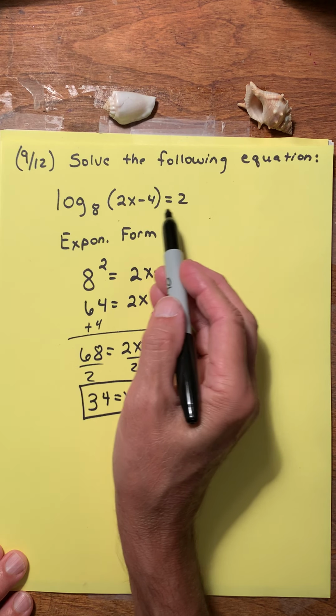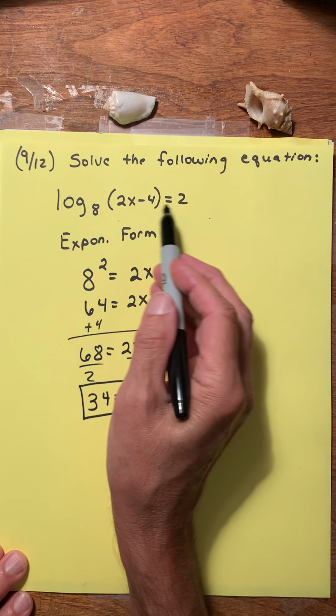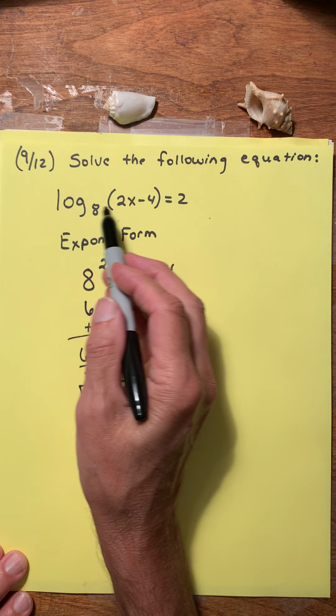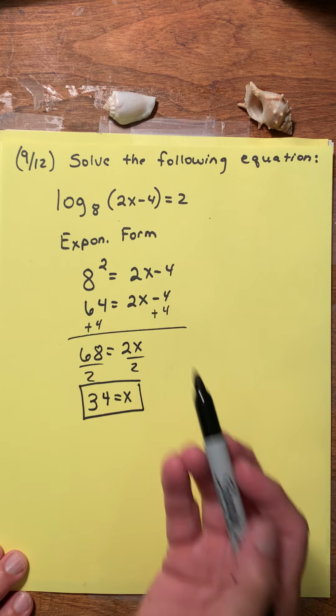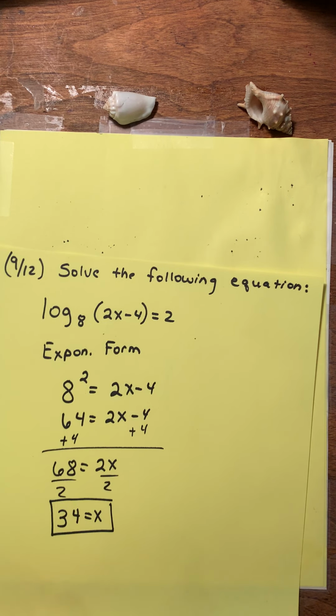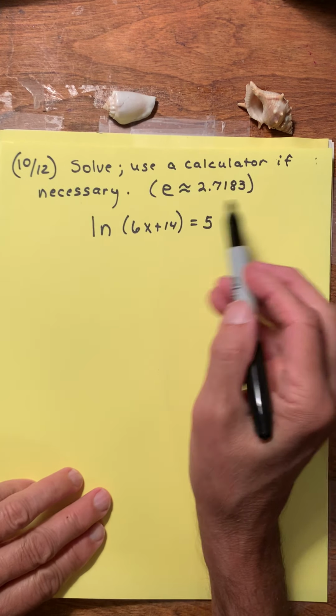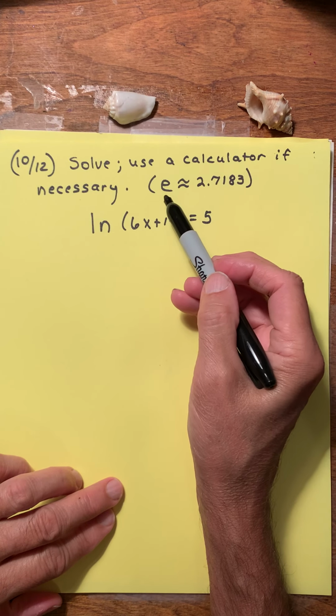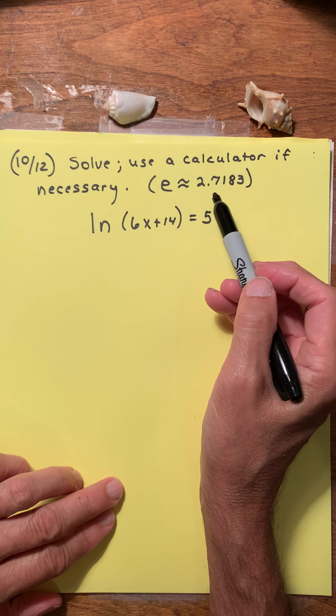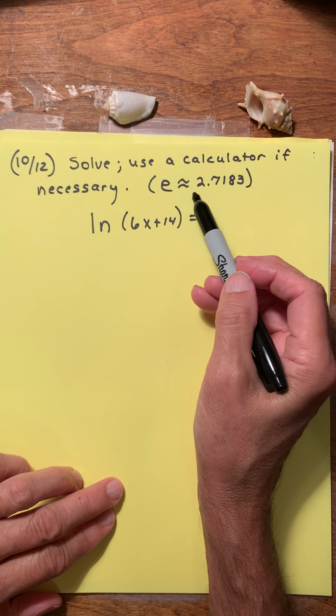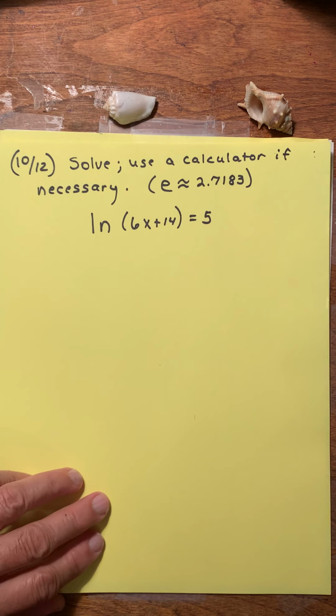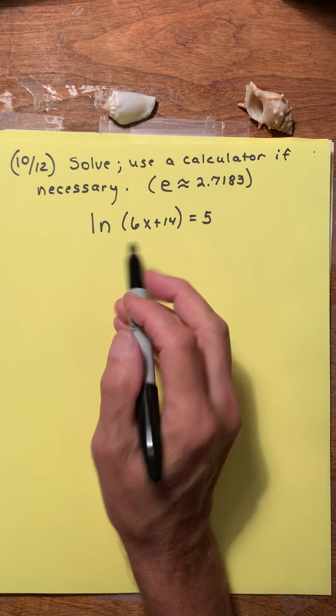Again, the logarithmic expression, vague, obtuse, abstract. I don't know what to do here. Put it in exponential form. Hey, that's easy. Solve, it says, use a calculator if you need to. And here they give me an approximation of e. e is approximately 2.7183. All right, let's see what we got here.